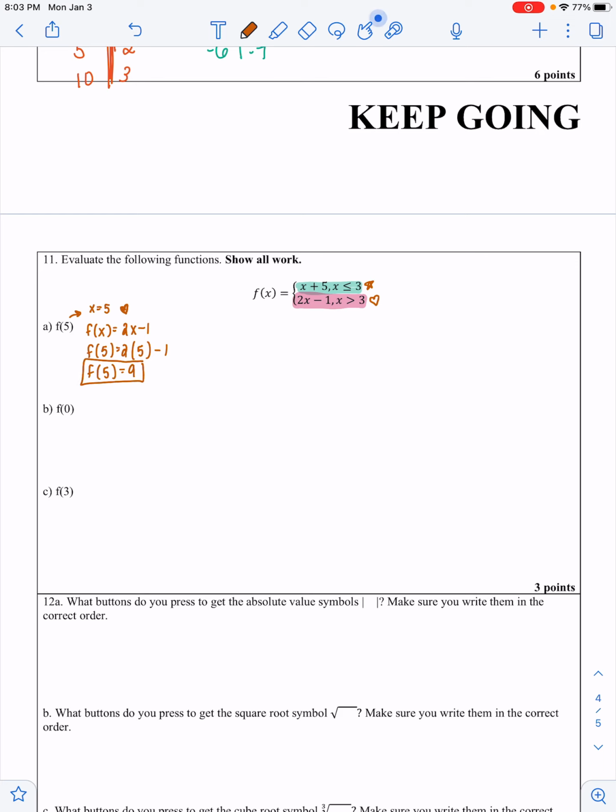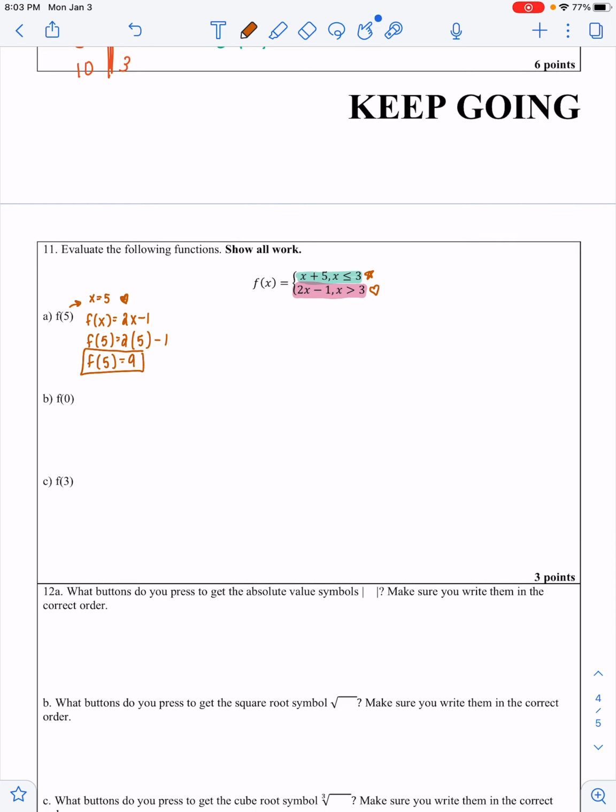I will go ahead and try these next two problems before I go over them. f of 0. Since 0 is less than 3, we're going to be using our star function, and that's f of x equals x plus 5. So if I want f of 0, that's equal to 0 plus 5. f of 0 is just equal to 5.